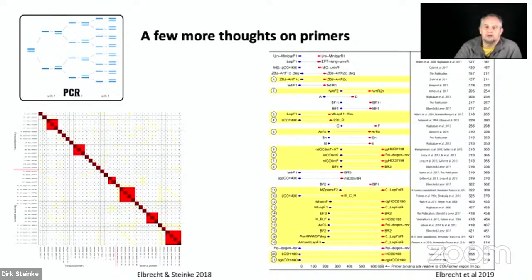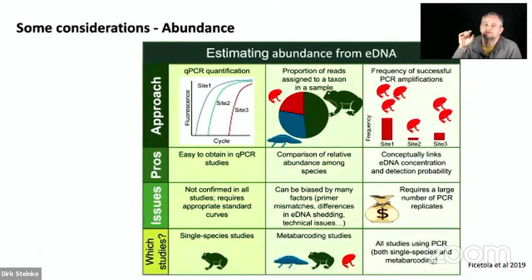So I talked a little bit about abundance and some of the advantages that eDNA studies probably have over metabarcoding, so we're still new there. If we use qPCR quantification, and this is what this table should clearly get you as a primary take-home message, the pro is you can easily obtain this, and the other one is you can get abundance to some extent.